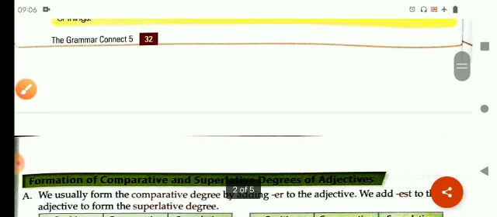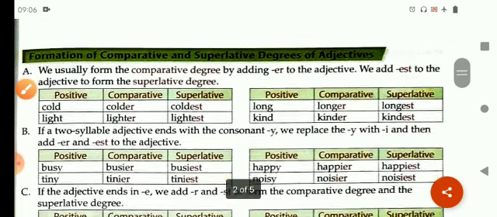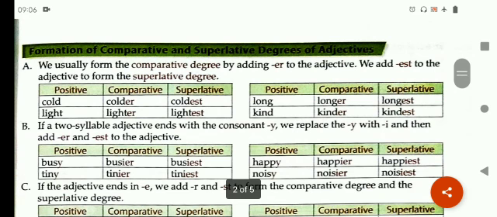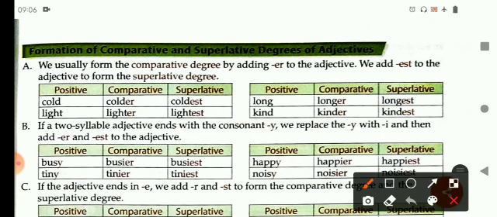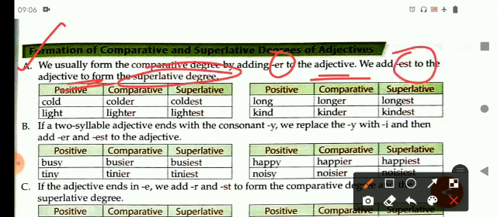Now let's learn the formation of degrees of comparison. We usually form the comparative degree by adding er to the adjective, and we add est to the adjective to form the superlative degree. Now here some examples are given. Formation of comparative and superlative degree by adding er or est.